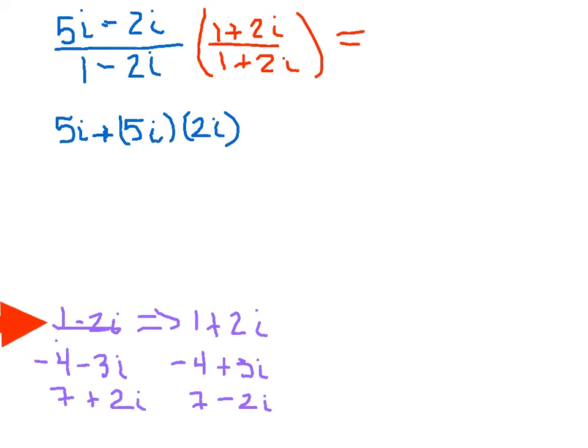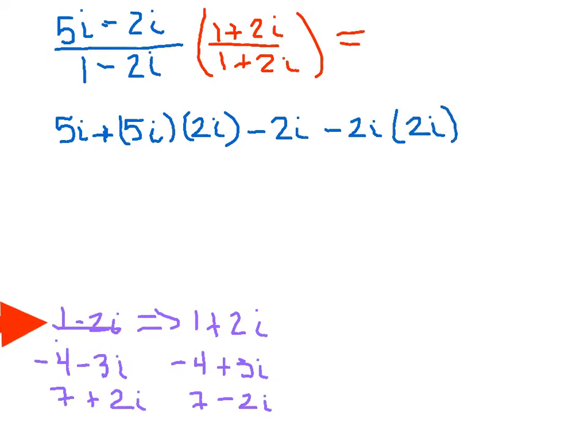Then my negative 2i times 1 gives me minus 2i. And my negative 2i times positive 2i gives me minus 2i times 2i.